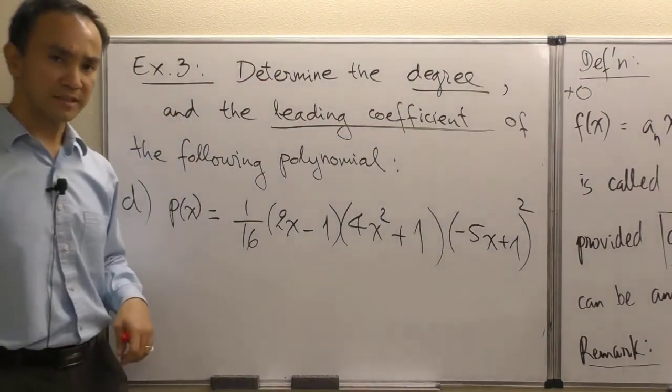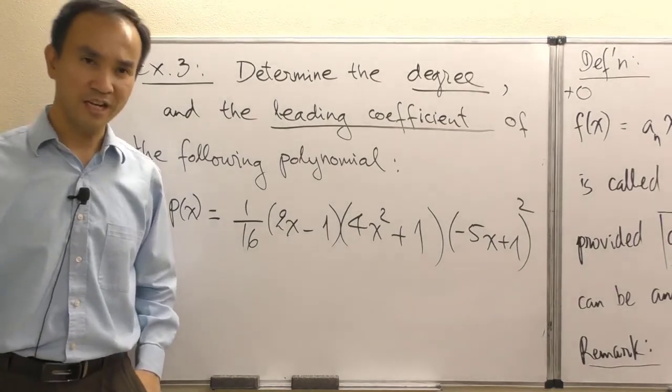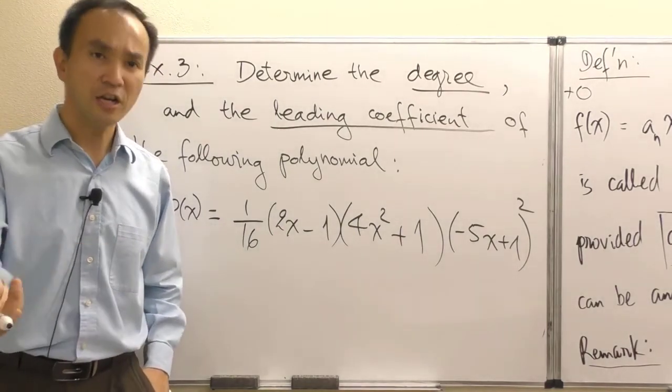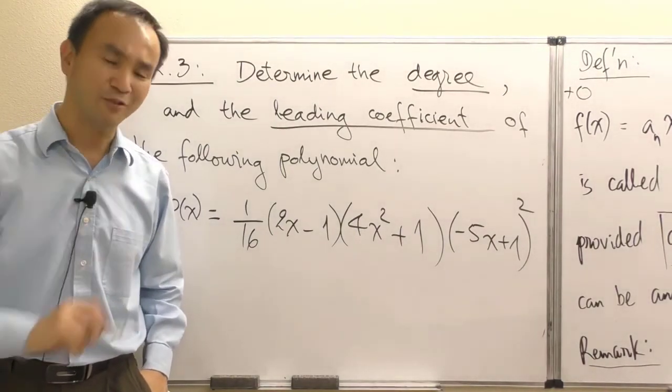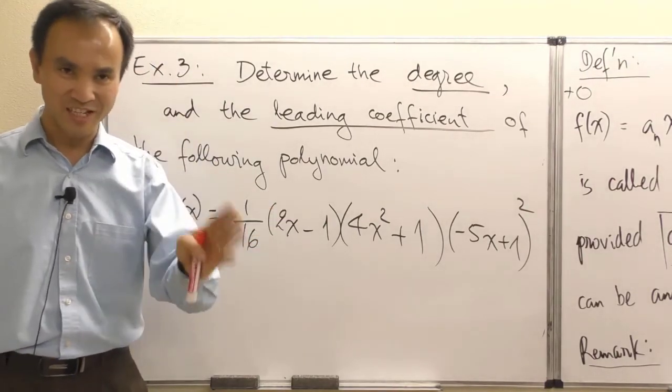So something like that. In factor form again, the degree and lead coefficient information are not so trivial, and we have to do some work to find that, whereas in the general form it's right there, we see it immediately.